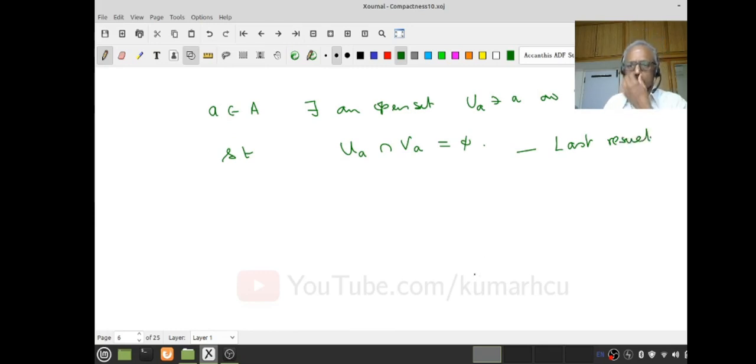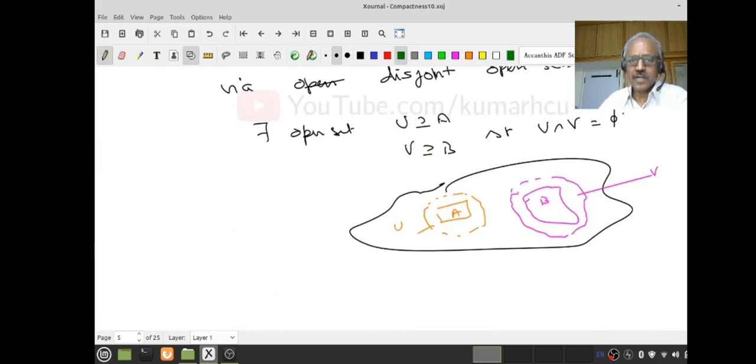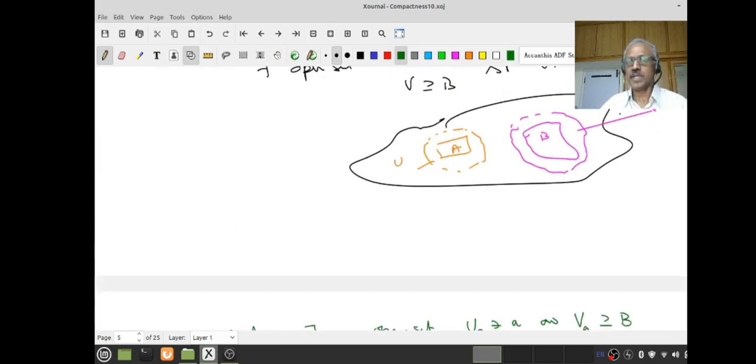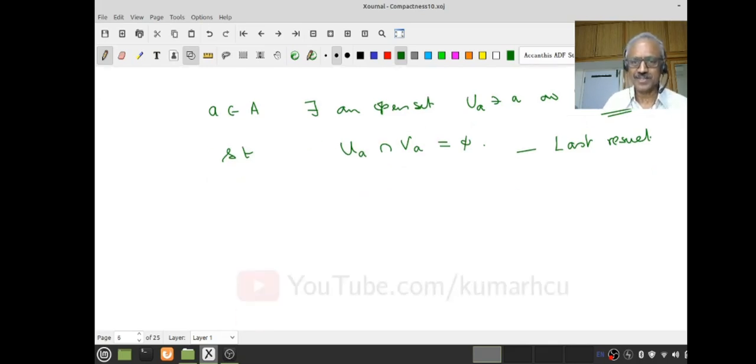Right? So here, to get this, what did we use? We used the compactness of B. But remember, A is a closed set. Therefore, A is also compact. Therefore, I have to use the compactness hypothesis for A. That means I have to find an open cover for A and extract a finite subcover. I am sure all of you can think of what the open cover is.